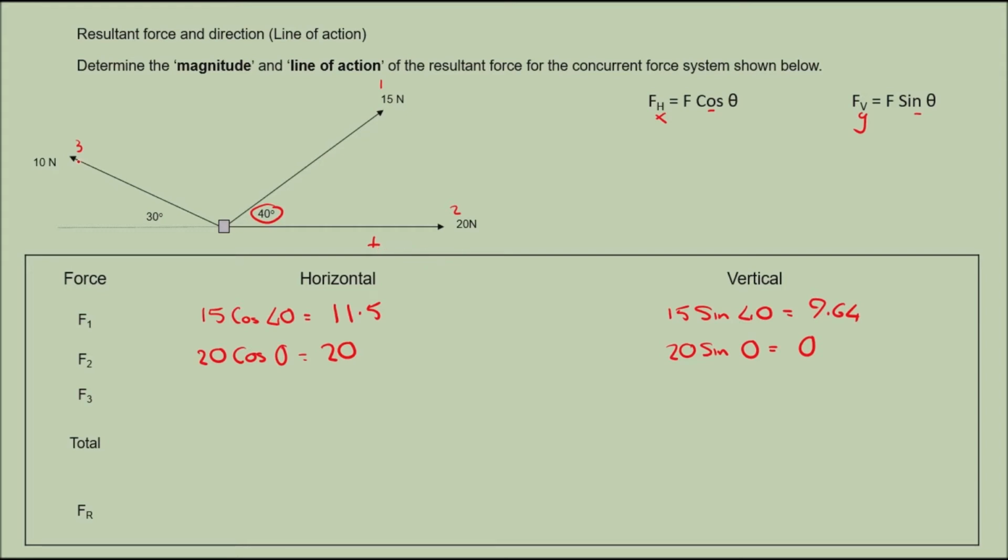Next one we're going to do, force number 3, again 10 cos, and the angle this time is 30, and we'll have 10 sine 30 on the opposite side. Again, you can pause the video and calculate this one and that one.